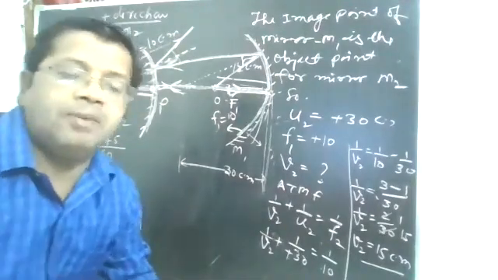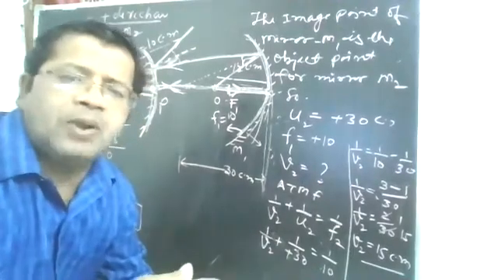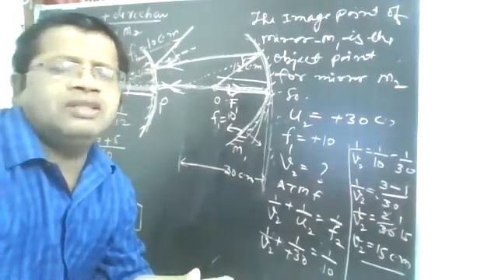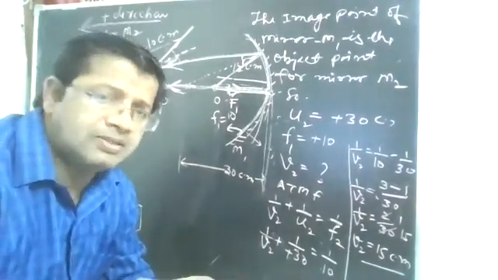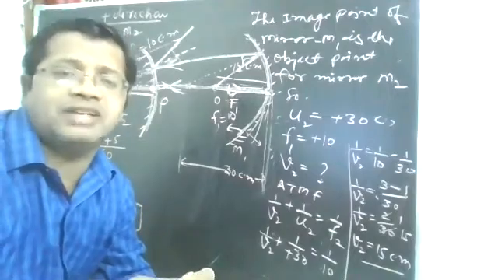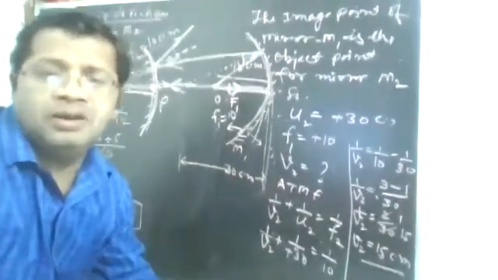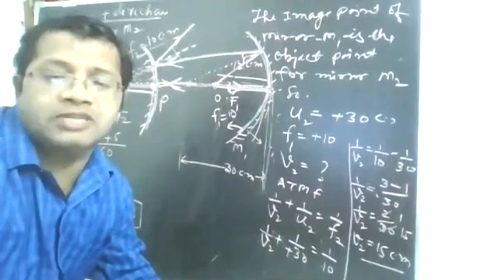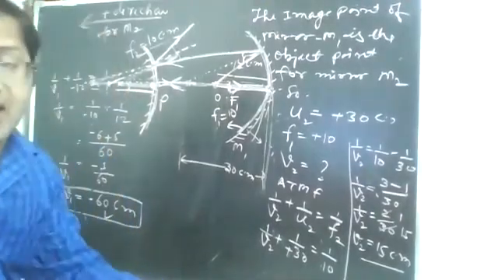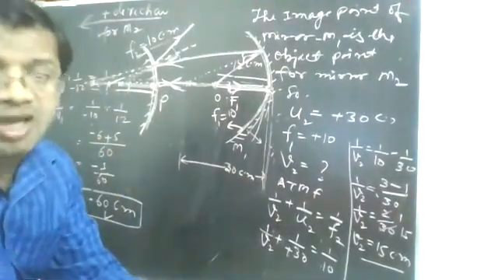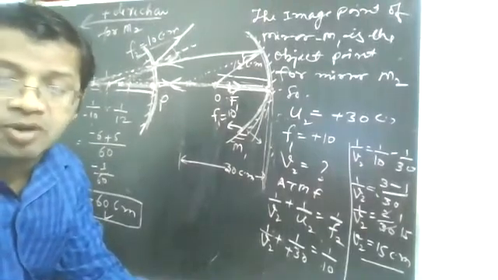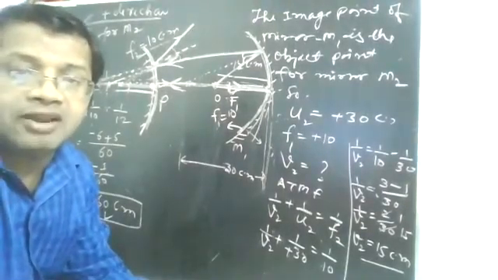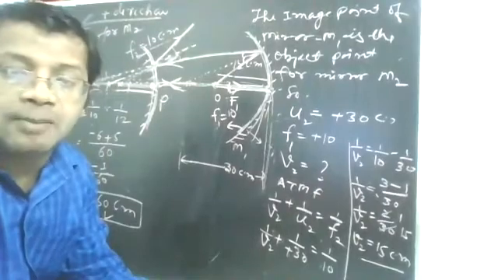In such type of problem, it will be given to you from which surface the reflection first of all takes place. Here the reflection first takes place from the concave mirror M1, and then from the mirror M2.